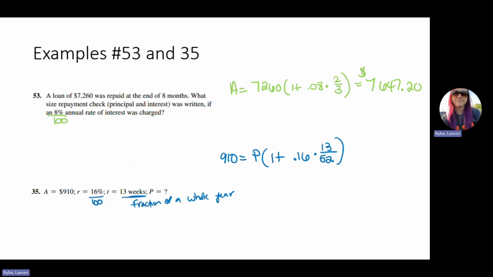So when it was months, we divided it by 12. If it's weeks, you're going to divide it by 52. If they say days, what are you going to divide by? 365, exactly. All right. So again, calculator, I'm going to need to do this part first. The 1 plus 0.16 times 13 over 52.